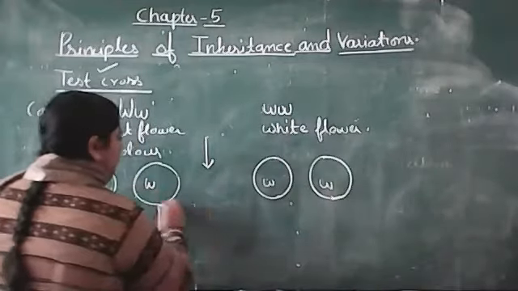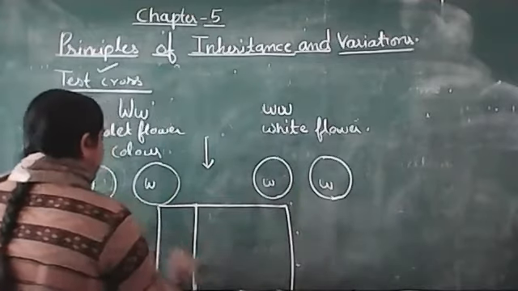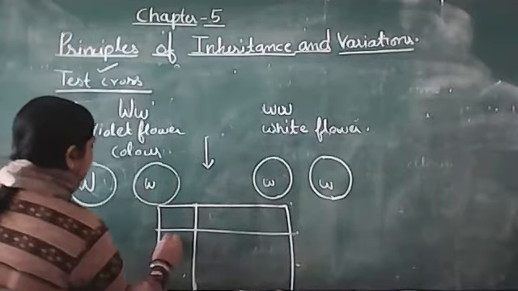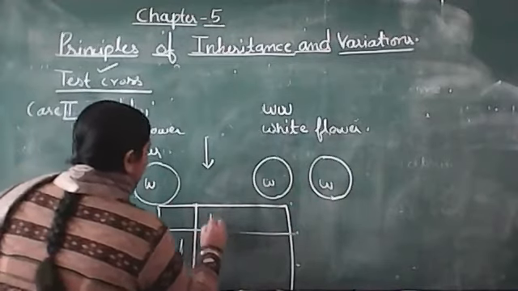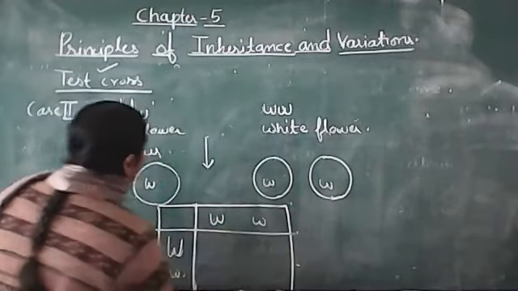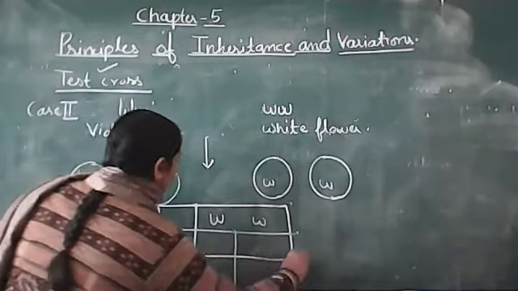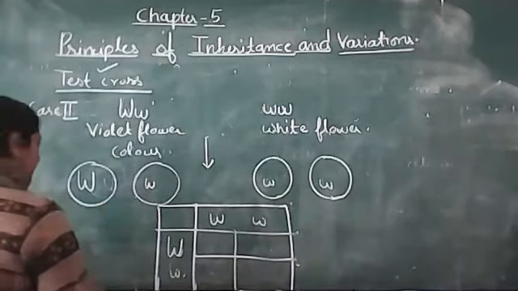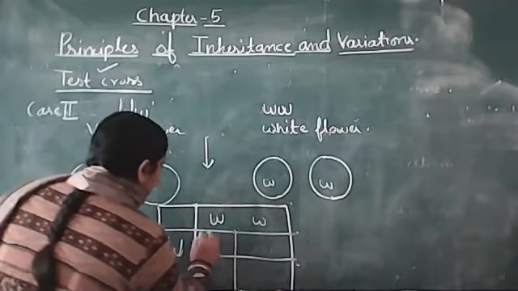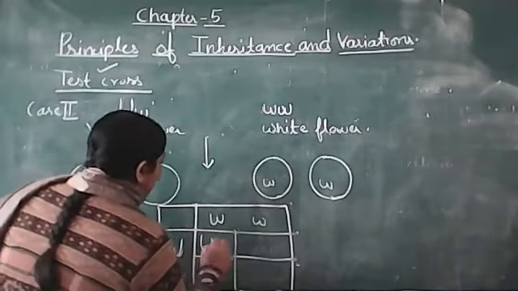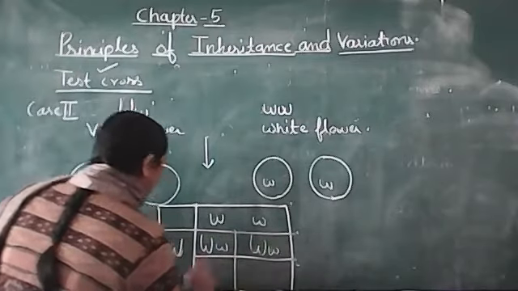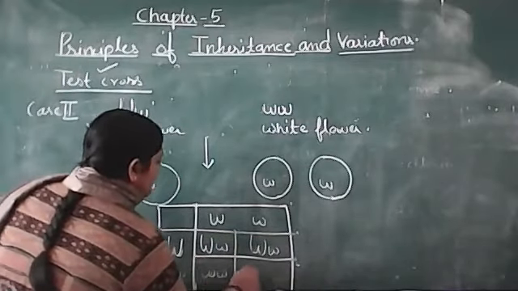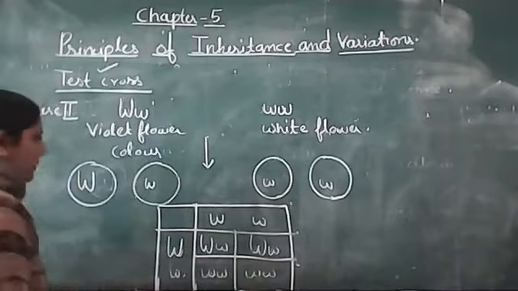When we construct the Punnett square from these alleles, from the first one we have one capital W and one small w, and for the recessive parent we have both small w's. So what is the constitution of the offspring? Here we have capital W, small w, then capital W, small w. And we have small w, small w.